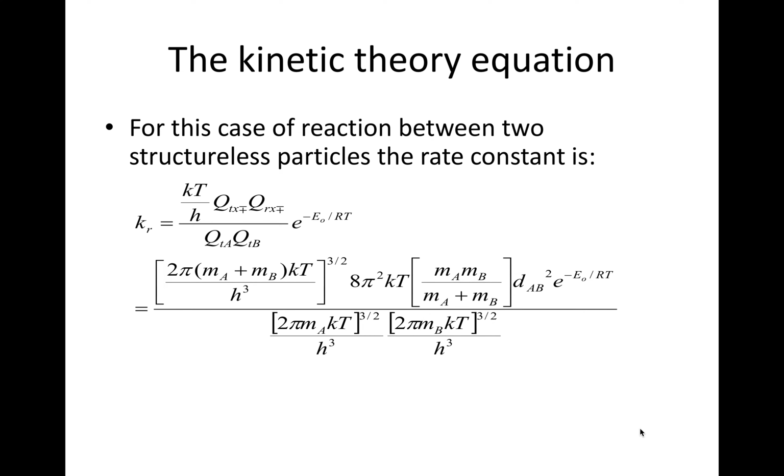For this case of reaction between two structureless particles, the rate constant is k_r equal to k_T over h, Q_t‡ Q_r‡ all over Q_tA times Q_tB, all multiplied by e to the minus E_0 over RT, which when you put in the translational, you obtain Q_t‡ is given by that.